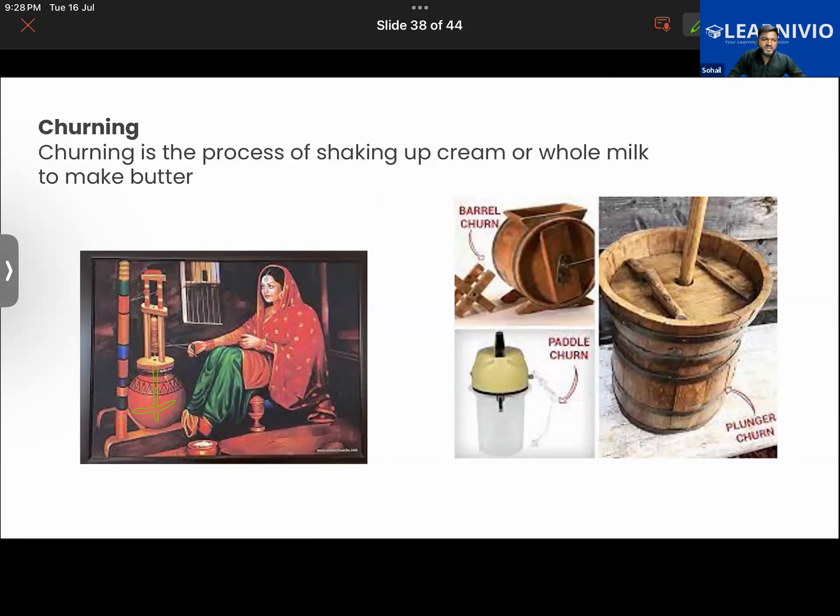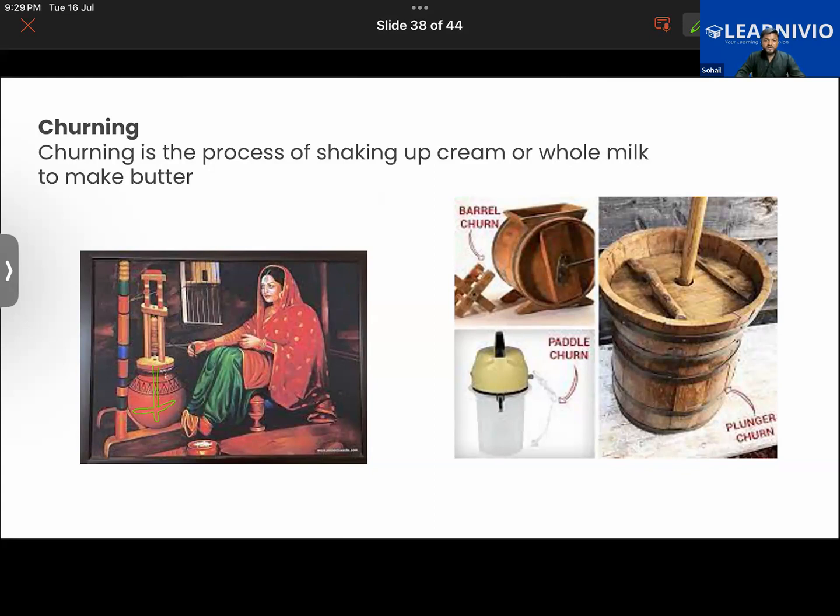So let us understand how churning is happening here. When we are churning up the milk, what happens? The denser particles of the milk, the particles that are heavier, accumulate at the surface of the pot.